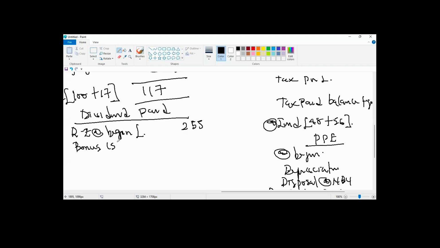Bonus issue capitalized. I will debit retained earning and credit the share capital. This will give me 205. Add profit for the year. What is the profit for the year? 180.